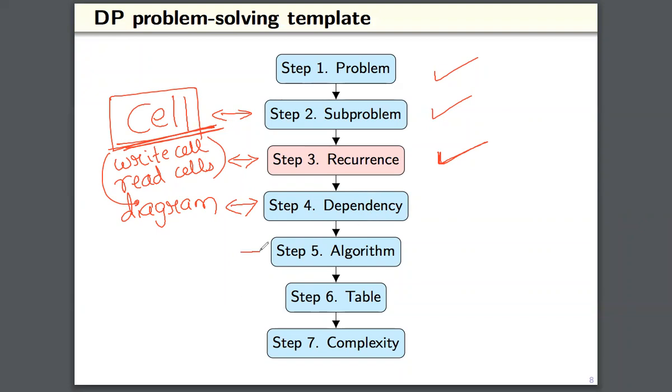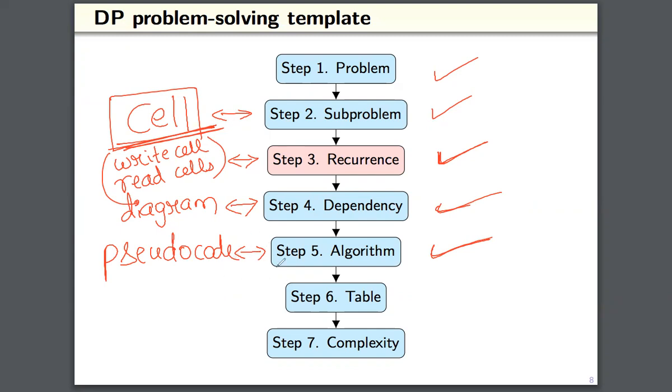Step 5 is the algorithm. Algorithm means the pseudocode. Here I mean the pseudocode. Once you have the recurrence, it's not difficult to come up with the algorithm or the pseudocode. We will see that later. It is trivial.